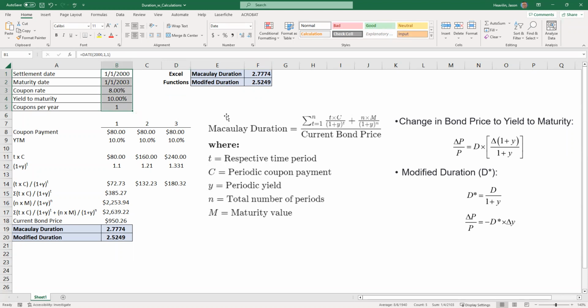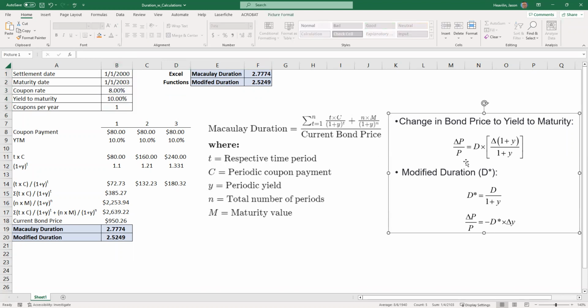Now, in the slides and the textbook, you're going to see these formulas for yield, for duration and the change in bond price, and then the modified duration that you use the duration value to get the modified. But first, we will need to know what that D value is before we can get the change in bond price on changes of yield to maturity.